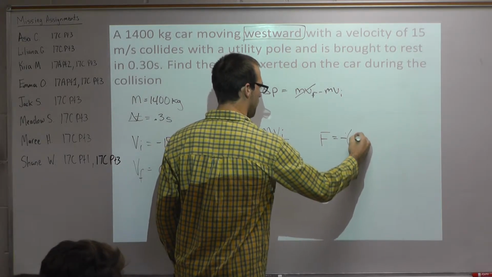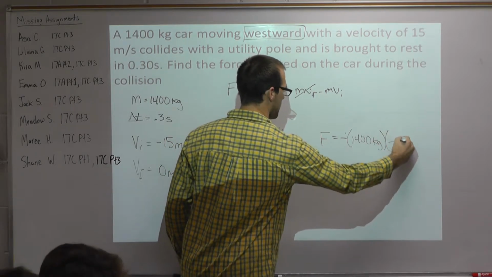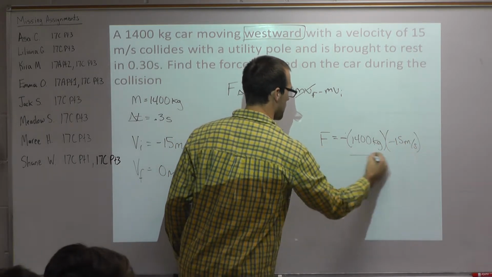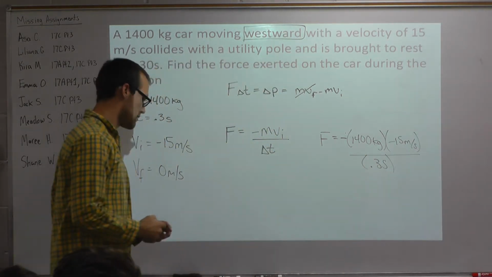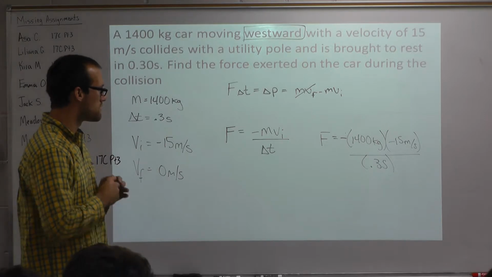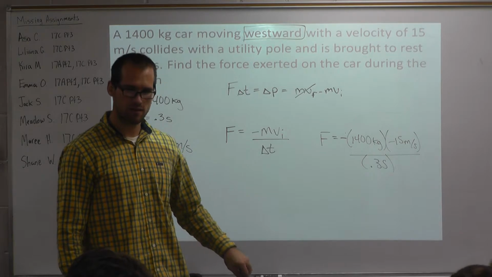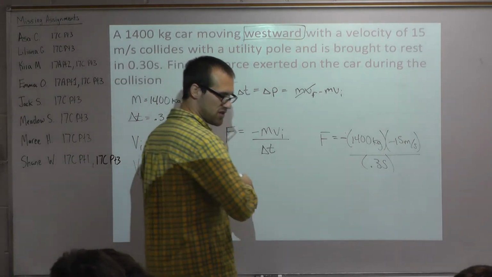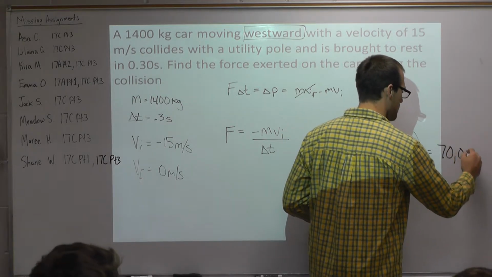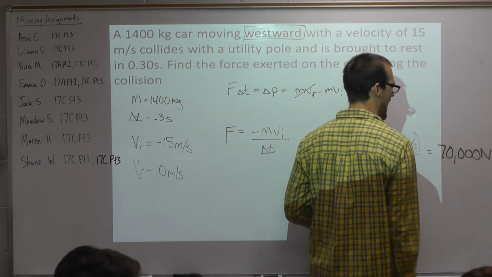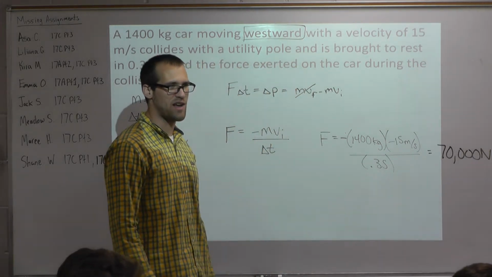We got a negative 1,400 times negative 15 divided by 0.3 seconds. You should get a pretty large force. 70,000. And we need to apply a direction because we know Newton is a vector quantity.